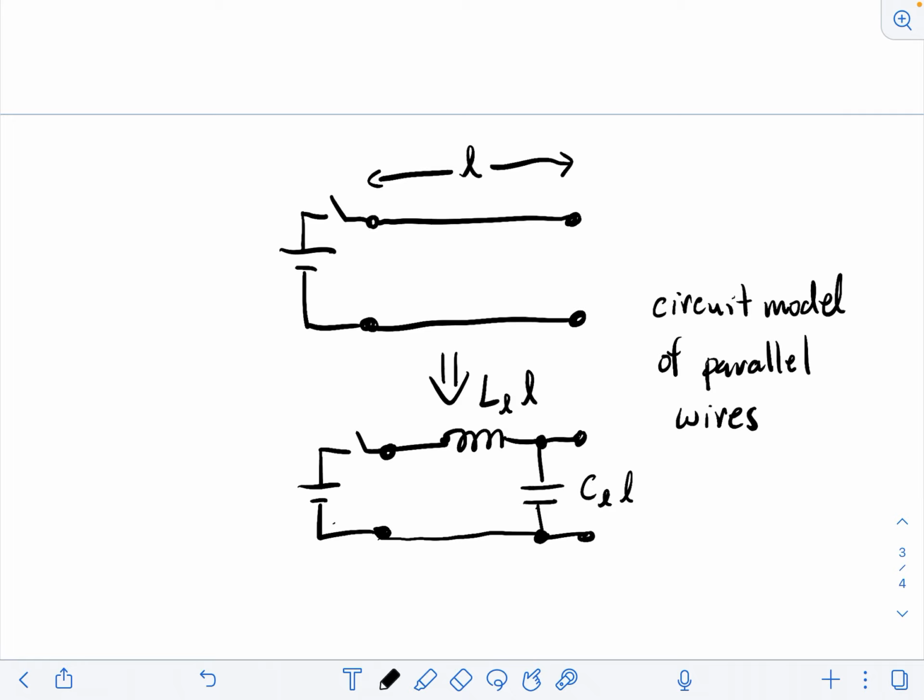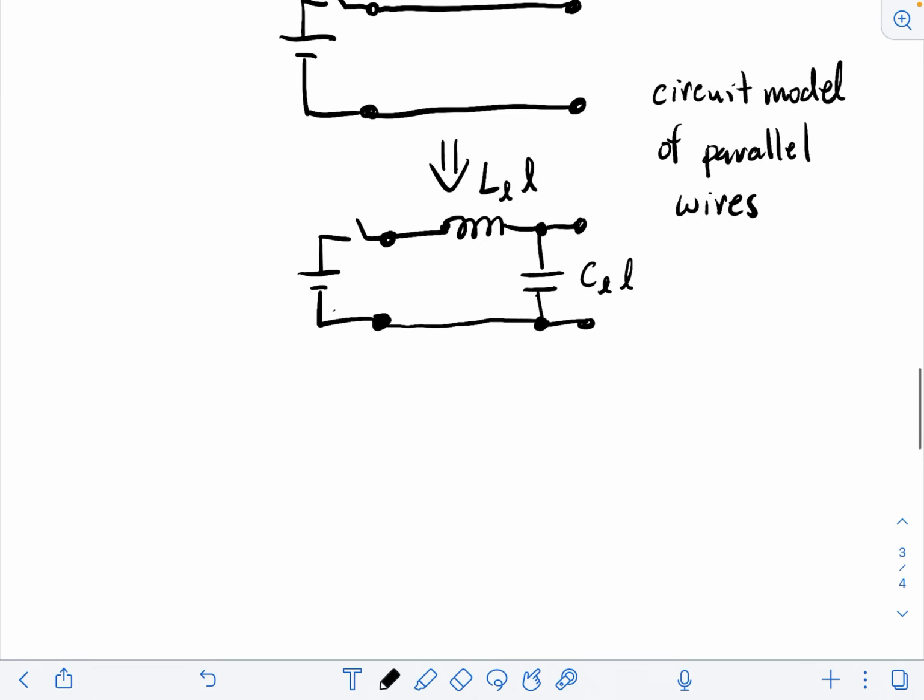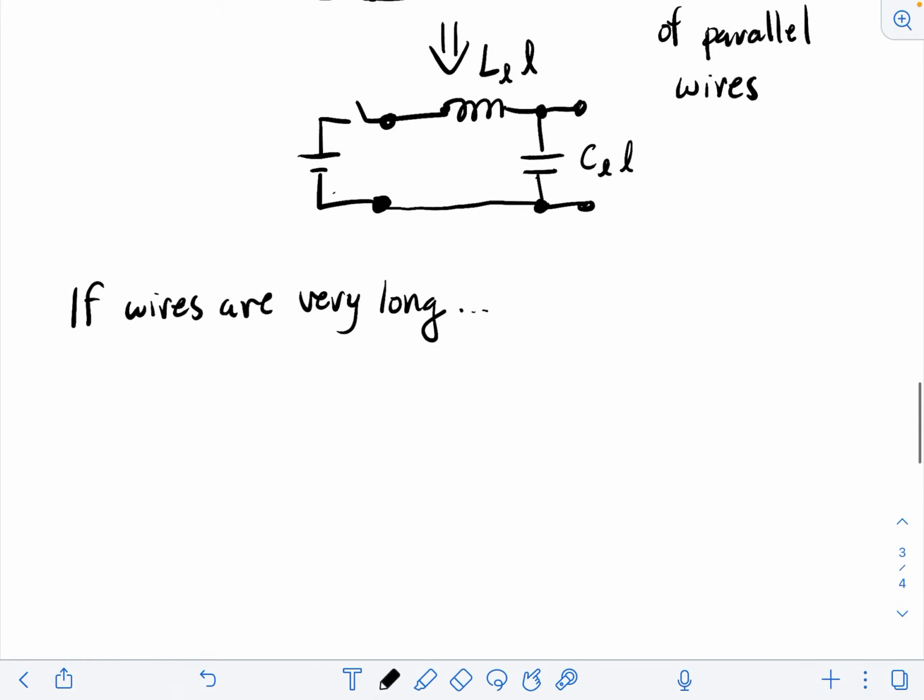Okay, so that's good. What I want to think about now is the case where we have the same type of geometry, except we make our transmission line, our parallel wires, really long. So if the wires are very long, we have our battery and switch, and now a really long wire.